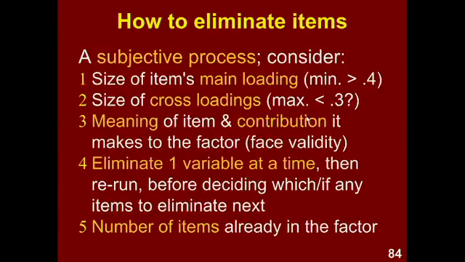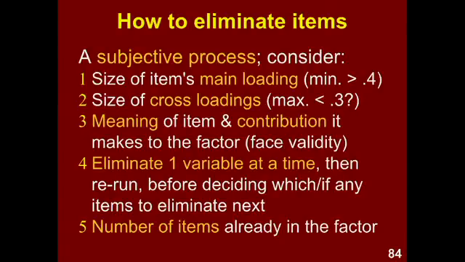And I'd suggest you probably don't want cross-loadings above about 0.3. Or, as you saw me doing, if you combine those two things, you're really looking for distance or a gap between the primary loading and the cross-loadings. But keep checking the meaning of the item and whether it belongs to the factor.